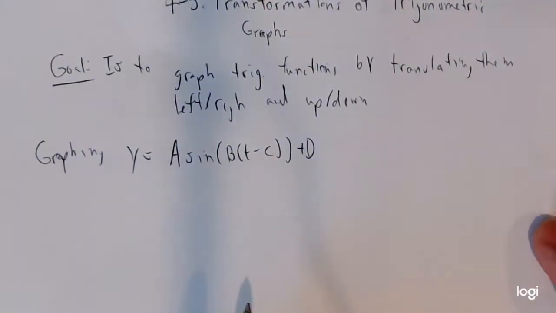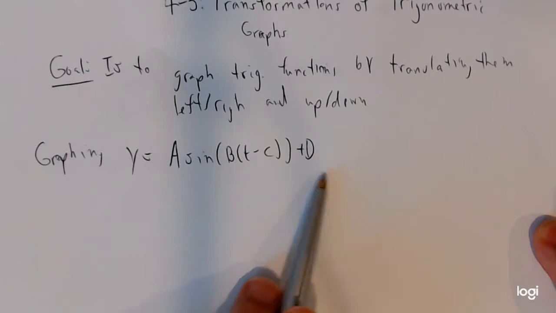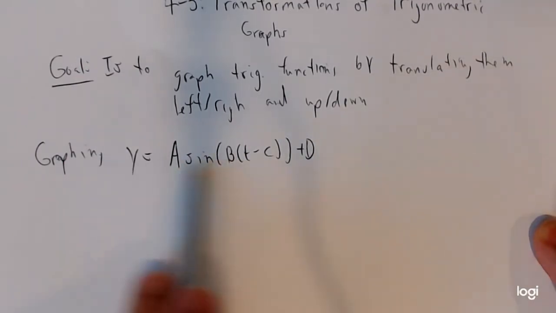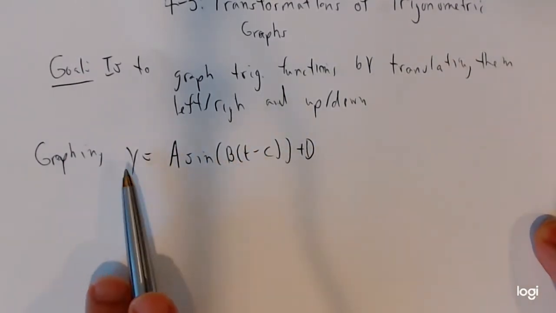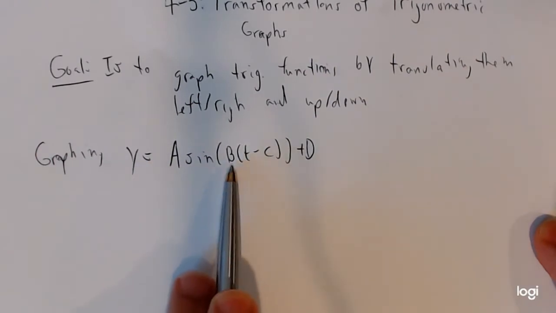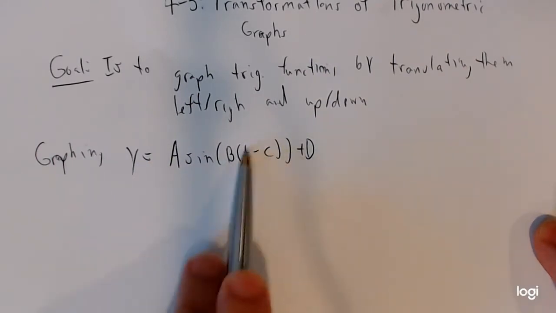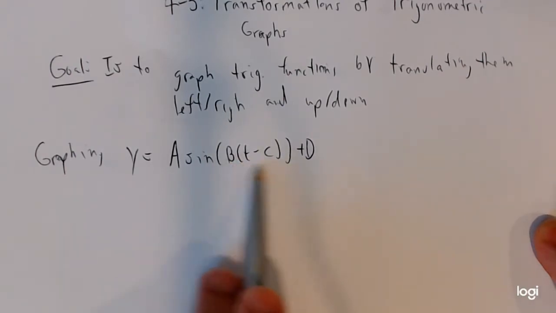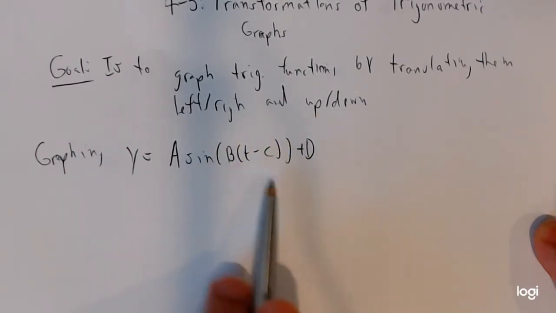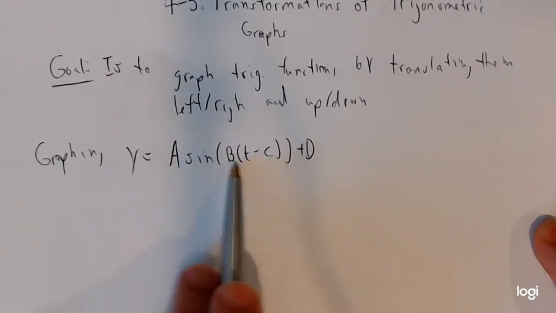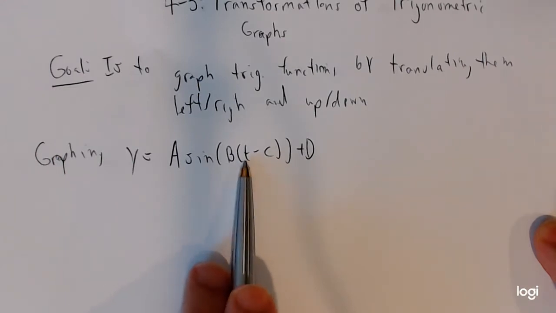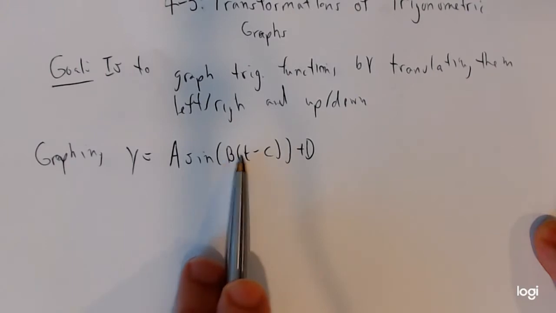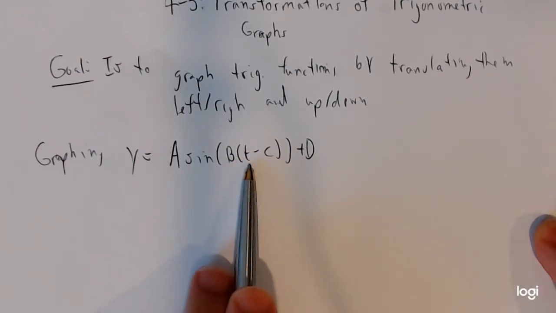What I want to point out to you is that a, b, c, and d we're going to treat as constants, right? They're going to be numbers. Our only variables are t and y. Also notice how I'm writing the b with the t minus c in factored form. It's important that you always write this in factored form, because then you can easily see the specific type of transformation we're talking about. So just always remember the t, technically speaking, has to have a 1 in front of it. If it doesn't, then we have to factor that number out, so we make just the t by itself.